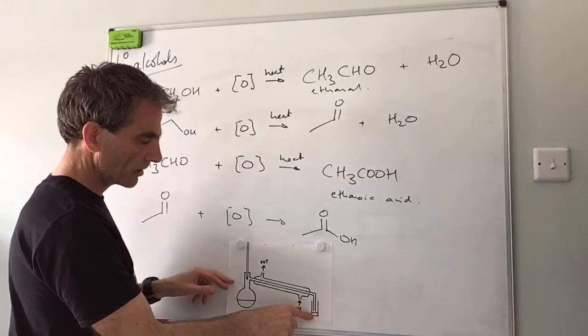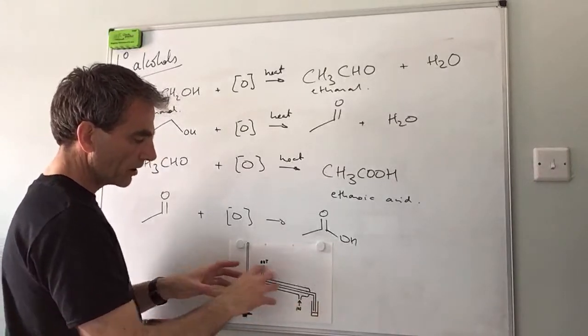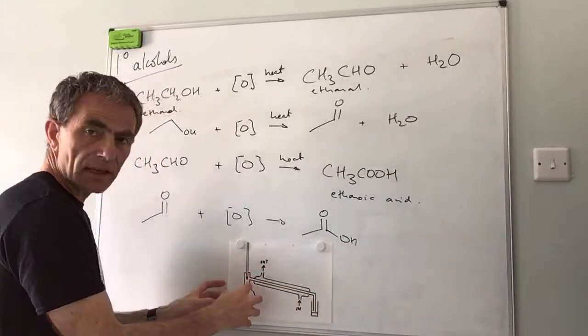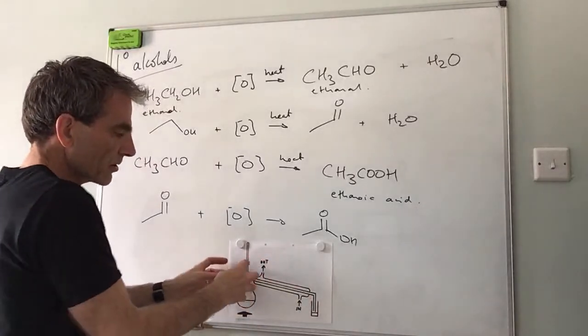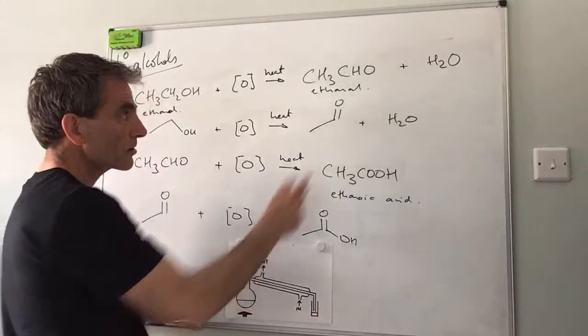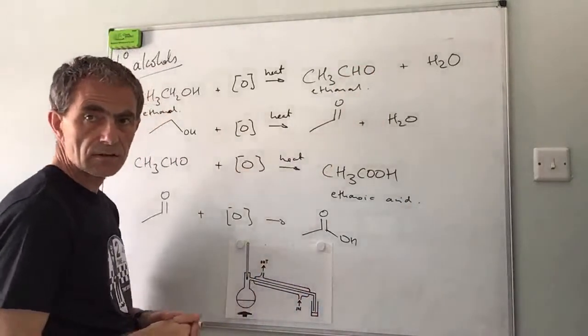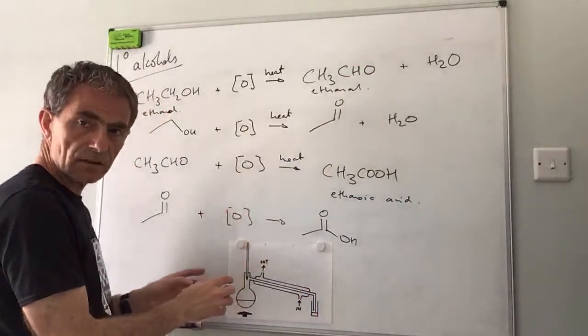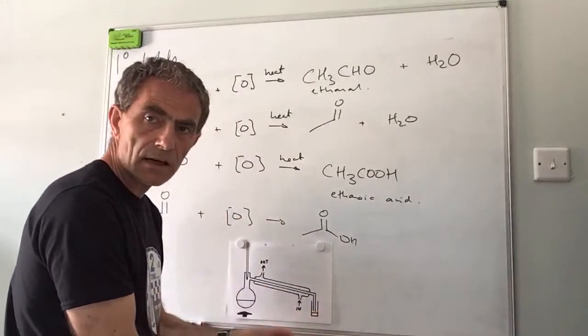So by having it under distillation, you're basically taking your volatile product away from the heat source and the oxidizing agent, so you only get that one oxidation. So distillation gives you the aldehyde.